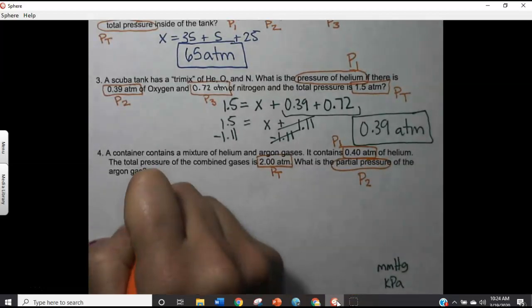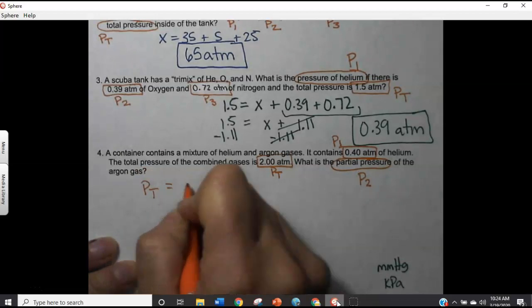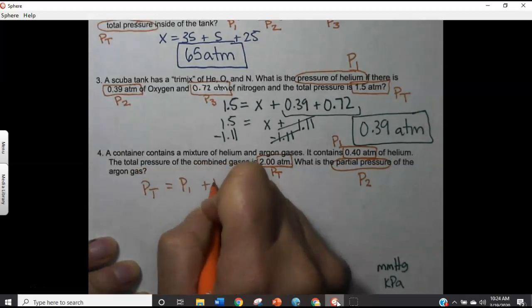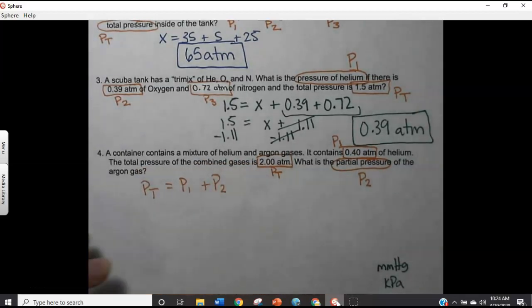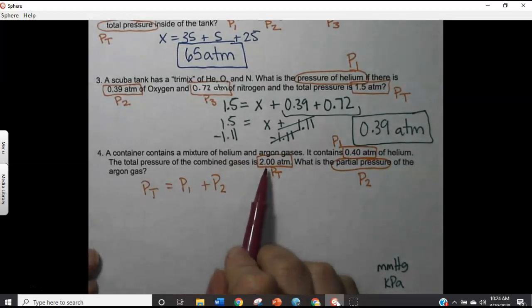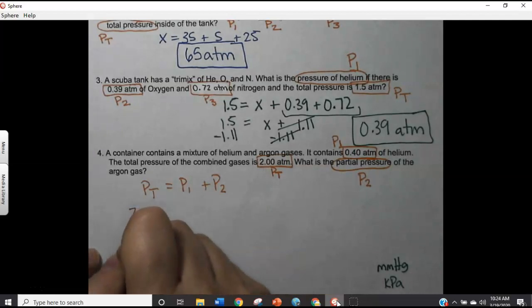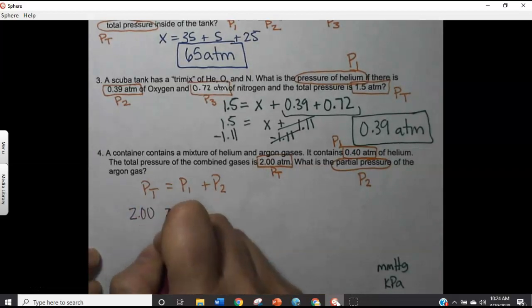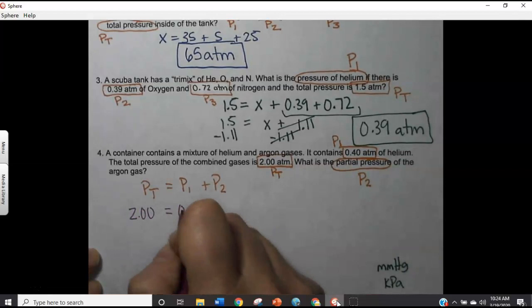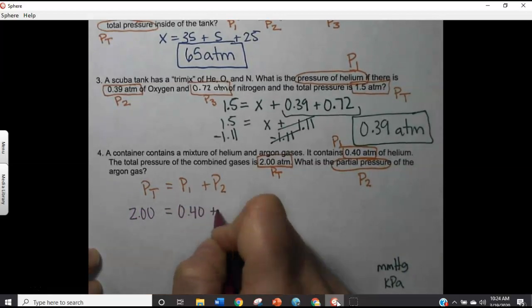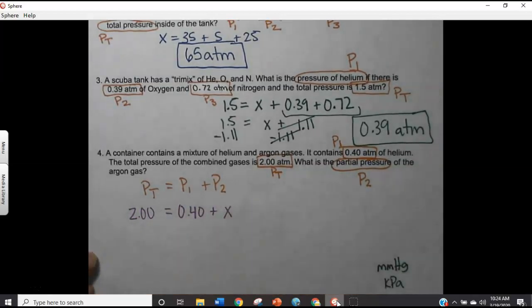So my equation, I'm going to rewrite it, is total pressure equals the first gas plus the second gas in this case. So when I substitute, I'm going to substitute this that I've identified as my total pressure, 2, equals the first part, 0.40, plus x, what we're solving for in the second part.